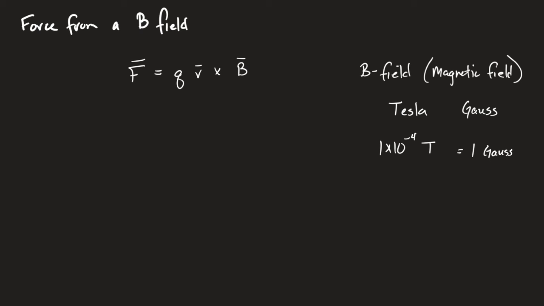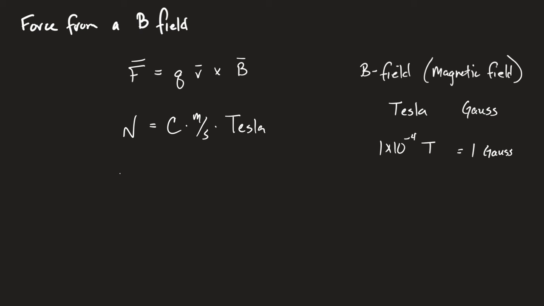Now, from this calculation alone, you should be able to figure out what the units of the Tesla are. They are not obvious. So let's take a look at the unit of a Tesla. Force is Newton, charge is Coulomb, velocity is meters per second, and then we have the Tesla.